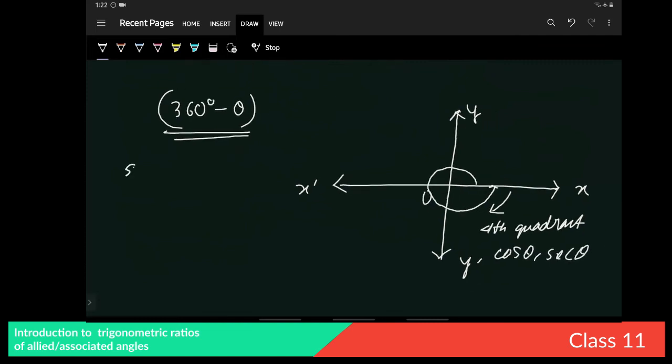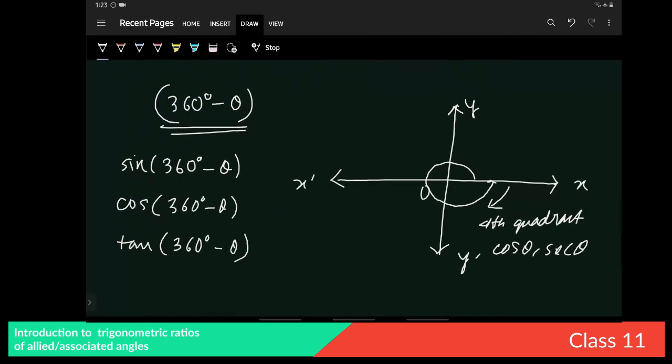So if I write sine of 360 degree minus theta, cos of 360 degree minus theta, and tan of 360 degree minus theta, it is falling under the fourth quadrant. In the fourth quadrant, sine is negative. Now you have to look at it carefully.